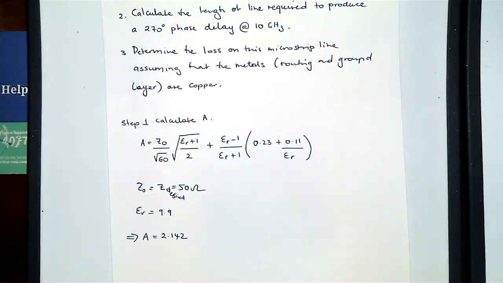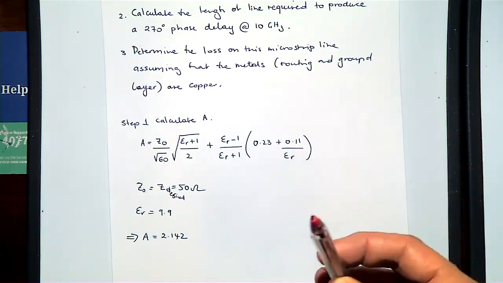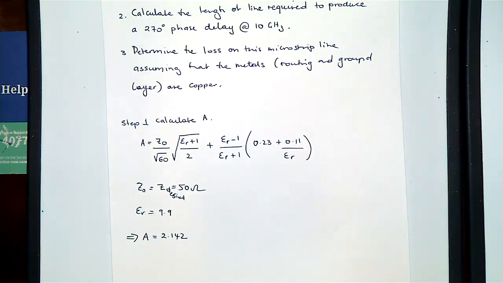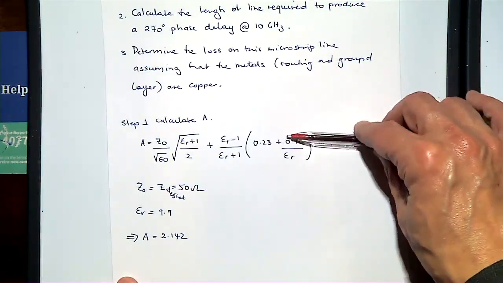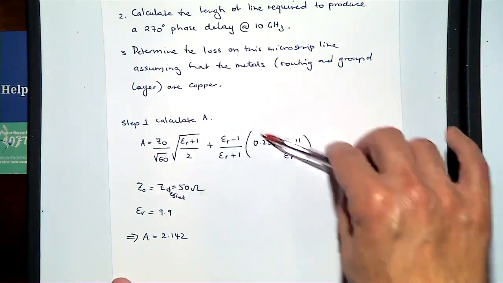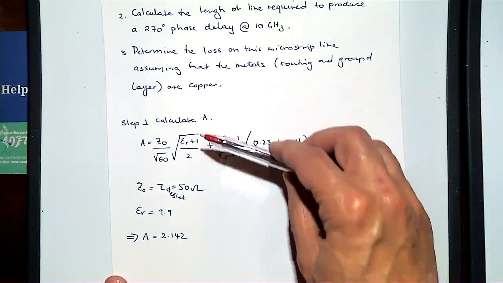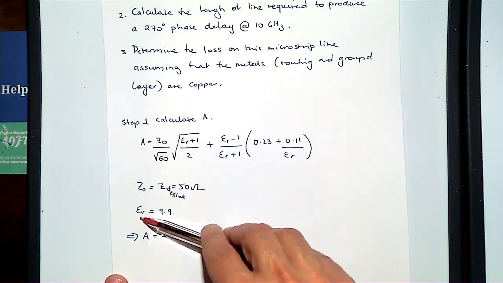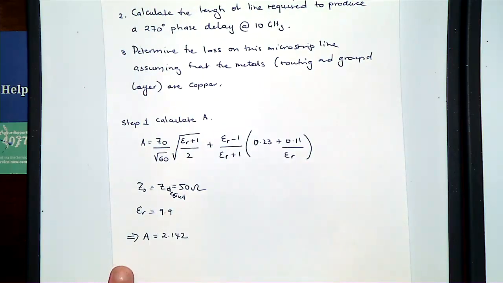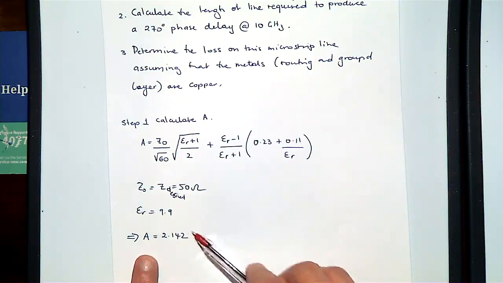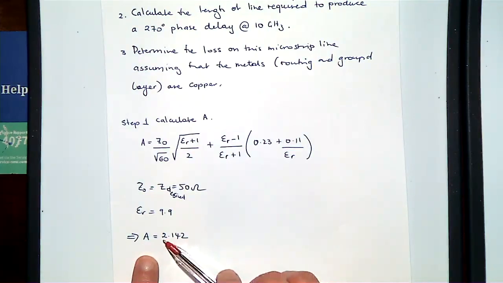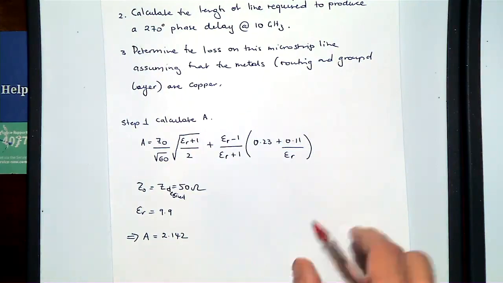Okay, so in order to do the design here, as we've gone through our process, we need to calculate, and essentially we're making a guess, right? Remember, we had two formulae, and we needed to calculate A. We go through the process and calculate this value A, where Z0 is 50 ohms, ER is 9.9, and we calculate that A is 2.142.